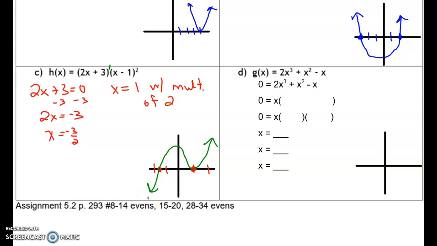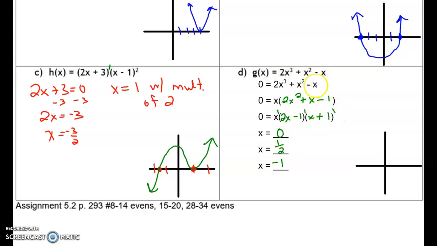Okay, D isn't done yet, so we need to factor it completely. So we can take an x out. So we're left with 2x squared plus x minus 1. We can factor it further. Again, don't drop off that x. Leave that in front. So our zeros are 0, 1/2, and negative 1. None of these have multiplicities because they were all to the first power.